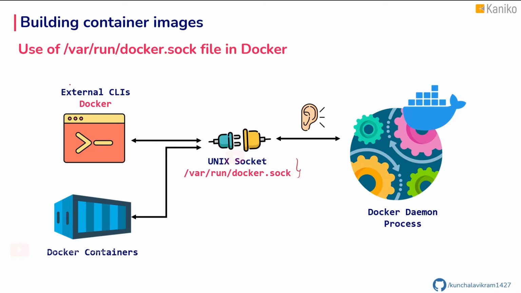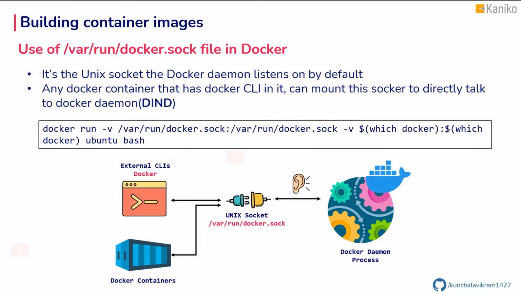Any CLI tools or external utilities, when they want to talk to the Docker daemon process, have to talk to the Docker sock. And since the daemon is listening on Docker sock, we can directly execute commands on the Docker daemon process. So this is the use of the var run docker.sock file. It is basically the unique socket on which the Docker daemon listens by default.